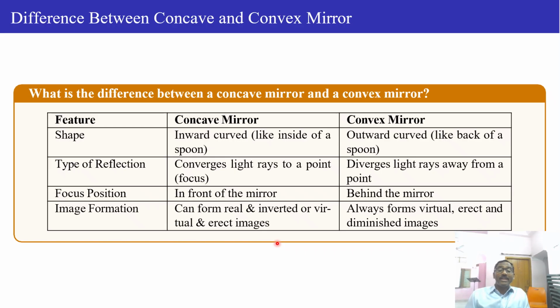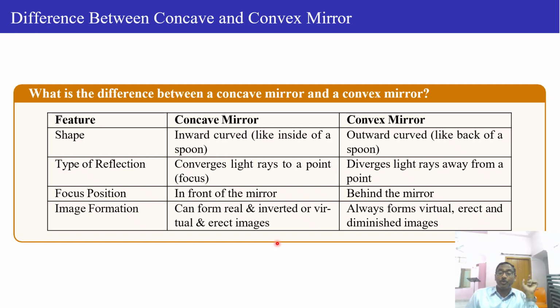So a concave mirror can form a real and inverted image, or in some cases a virtual and erect image.